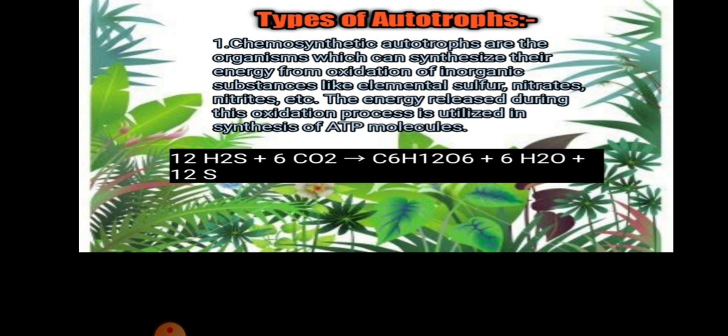So now the question arises that when there is a mechanism already in place wherein autotrophs can capture the light energy and use it for synthesizing food, why do we need these chemosynthetic autotrophs? Why is there this existence of these organisms which are chemosynthetic autotrophs?